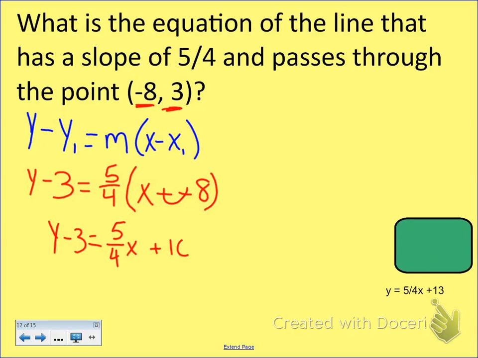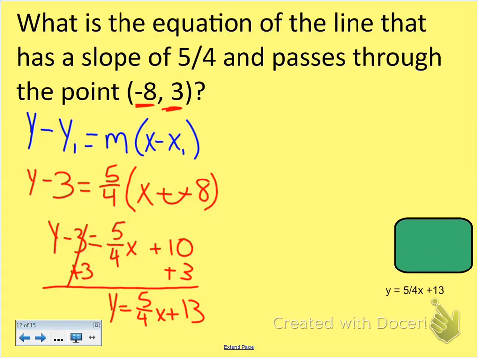That is 10. Now the last step is just getting the y by itself. We're going to add 3 to both sides, and you get y equals 5/4 x plus 13, and there you go.